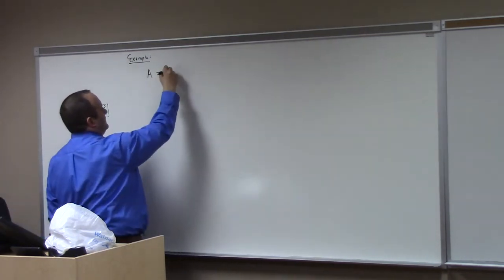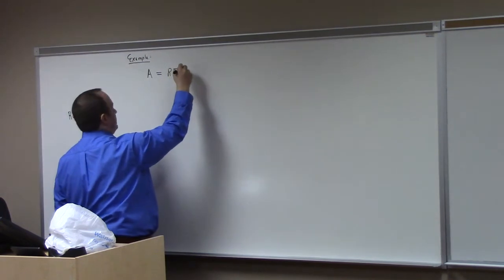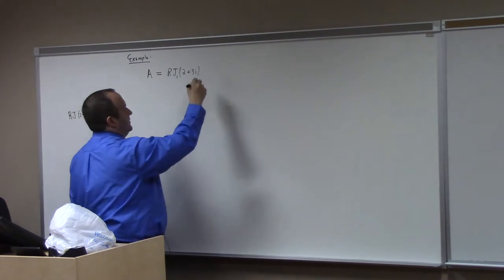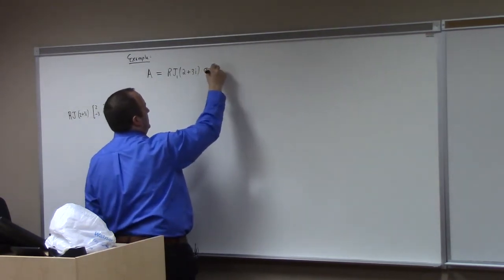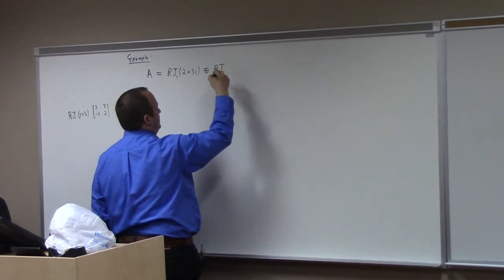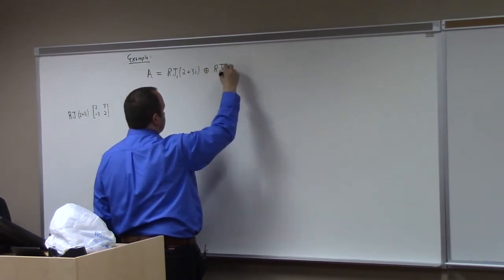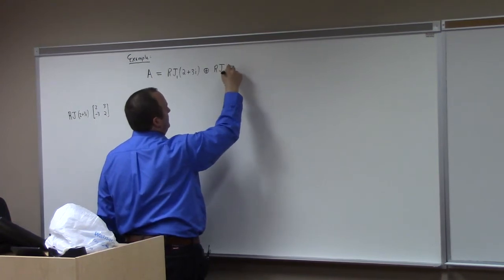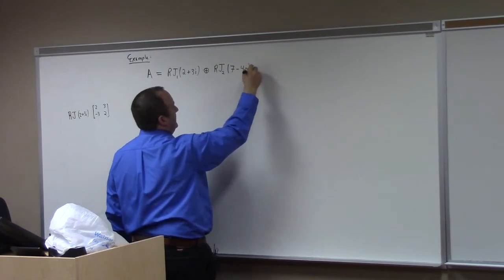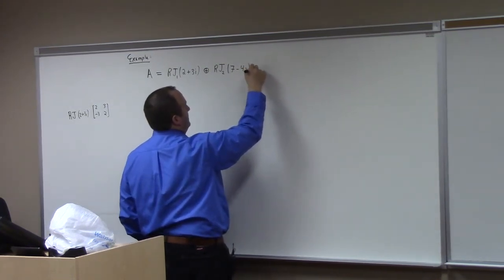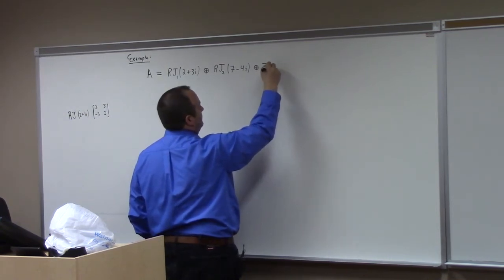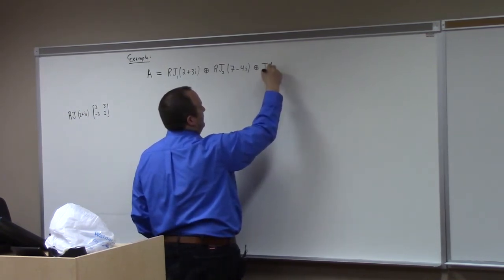So suppose you have the real Jordan form of 2 plus 3i, and then the real Jordan form, a 2 by 2, the repeated case of 7 minus 4i, and then let's say you've got a 3 by 3 regular Jordan block for eigenvalue 7.